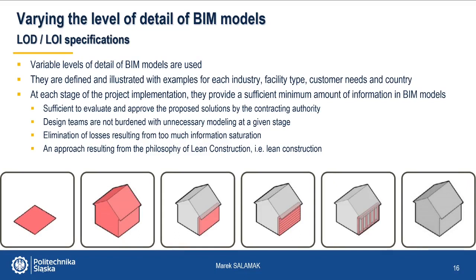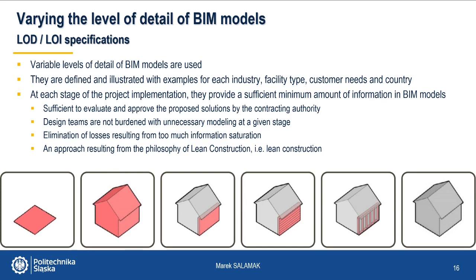The BIM methodology also uses variable levels of detail for BIM models. They are well defined and illustrated by examples. They guarantee at each stage of the project implementation a sufficient minimum amount of information in BIM models, which is necessary for the evaluation and approval of the proposed solutions by the contracting authority.